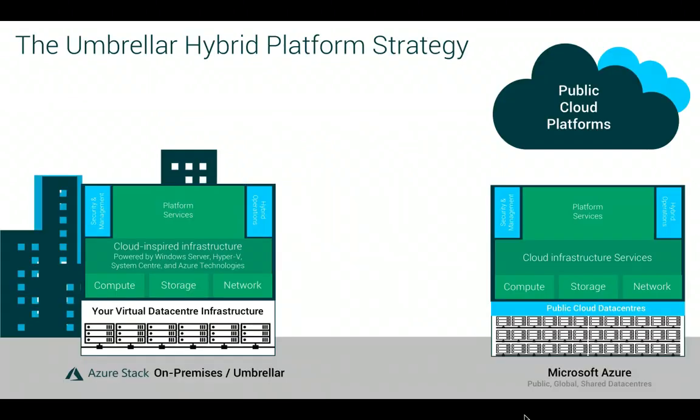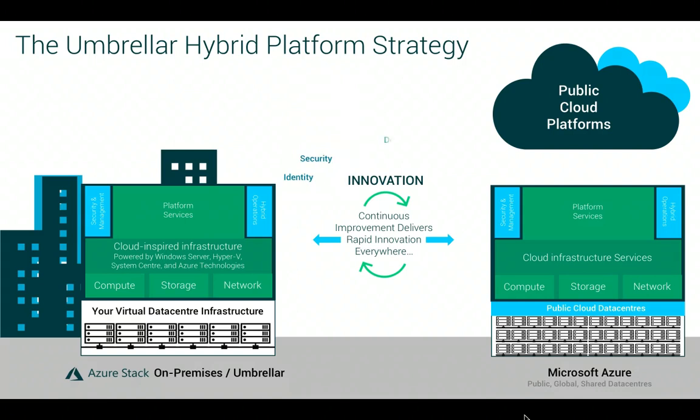And this really is the nucleus of the Umbrella hybrid platform strategy, to drive consistent innovation from a service provider and a hyperscale cloud perspective, but also have one place to go to build, consume, view, and manage your cloud estate, and ultimately answering some of the really fundamental business questions and business problems that exist today.